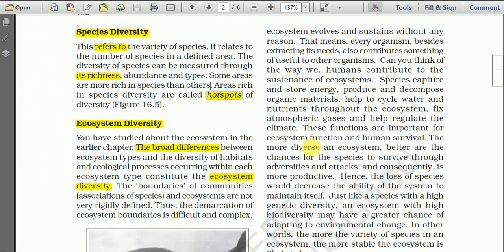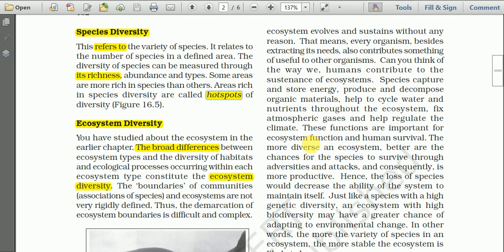And see about the species diversity. As I told you, it refers to the species richness, or it is also referred to the count of species in an area. How many species are there in a particular area? That is what we call species diversity.